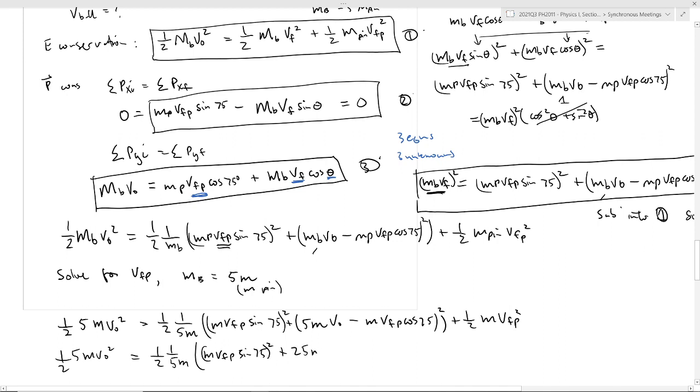We'd have 25 m squared V0 squared minus 2 times the product of those pieces. So this would be minus 10 m squared V0 VFP cosine 75, and then plus m squared VFP squared cosine squared 75, and then plus our 1/2 m VFP squared.